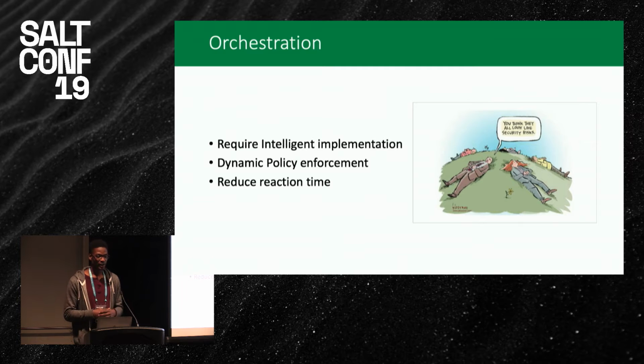And so orchestration, which I was talking about earlier, requires the right intelligent implementation. When it comes to SALT, that means utilizing reactors and beacons in a way that is good for your environment, where you're able to dynamically enforce policy on both the user side and network side, and reduce the reaction time of detection.